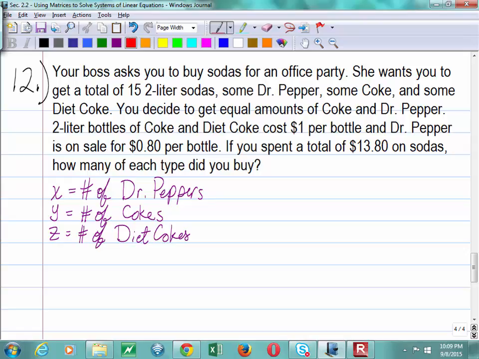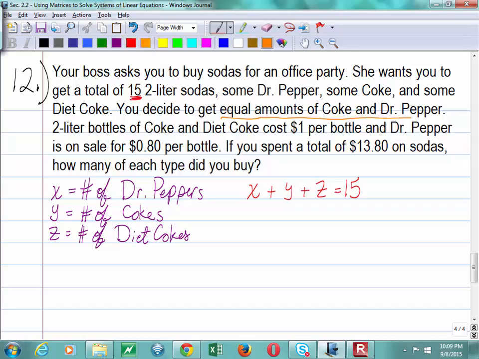Alright, so we want a total of 15. So that tells me that X plus Y plus Z equals 15. Then it says you decide to get equal amounts of Coke and Dr. Pepper.